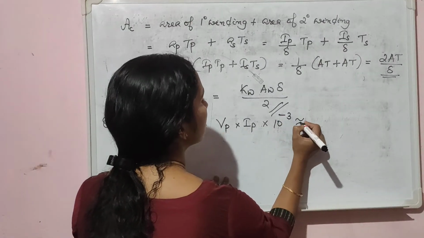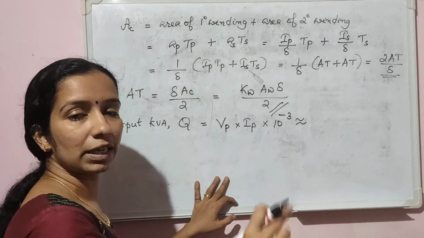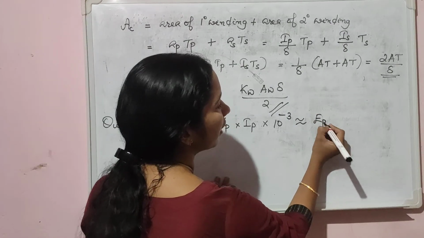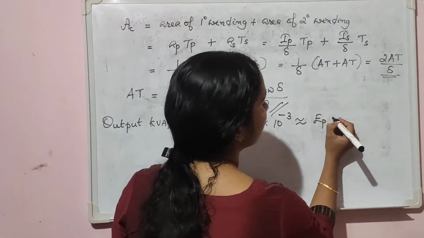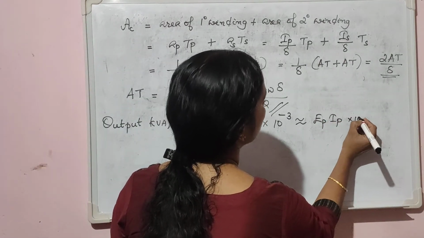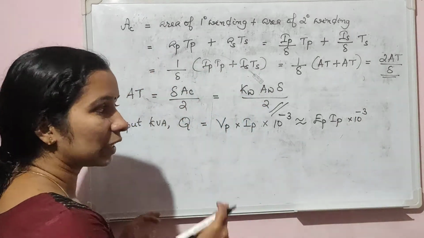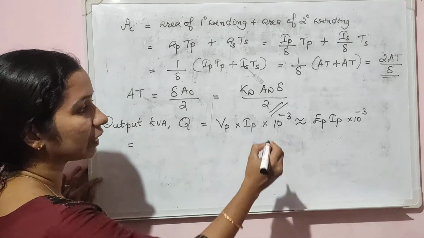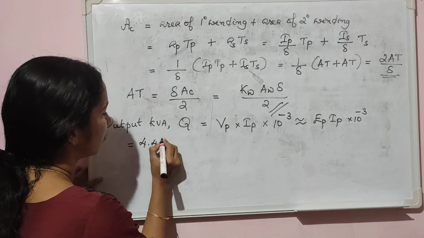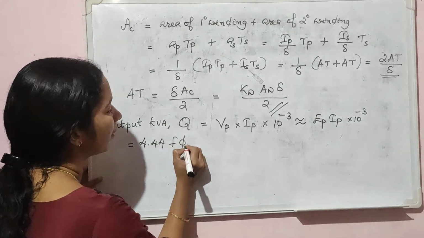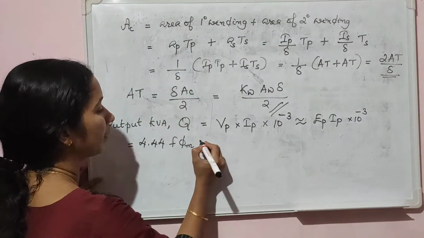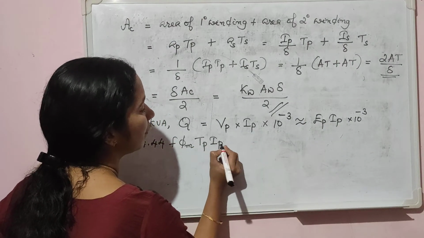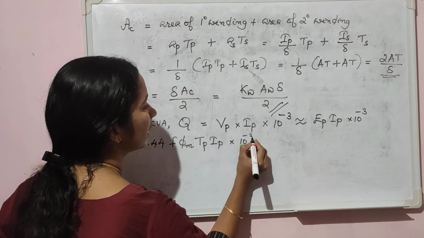So we can write it as, so Vp, voltage applied to the primary winding, will be approximately equal to induced EMF in the primary winding, EP. So this can be written as EP into Ip into 10 raised to minus 3. So what is EP? Induced EMF in the primary. So we know that induced EMF in the primary is 4.44 F into phi m into number of turns in the primary, that is TP, okay, into Ip into 10 raised to minus 3.